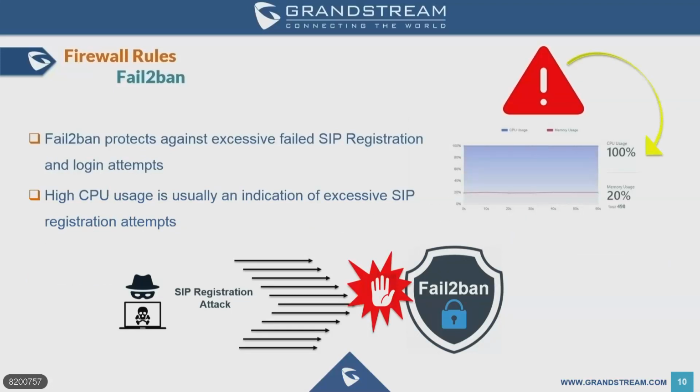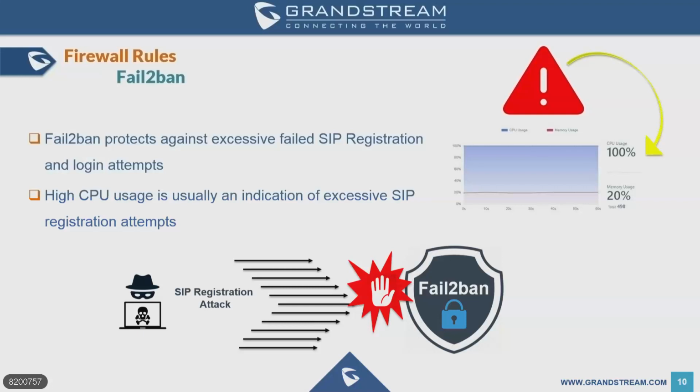Fail to ban. This is an important feature available on the UCM that protects the UCM by detecting excessive failed SIP requests and login attempts. And when it comes to SIP requests, fail to ban works against the SIP registration and SIP invite and SIP subscribe. Let me explain how fail to ban works with SIP registration.